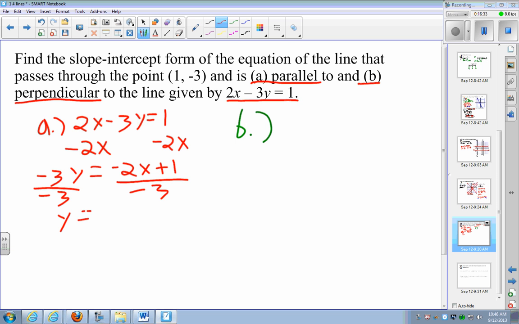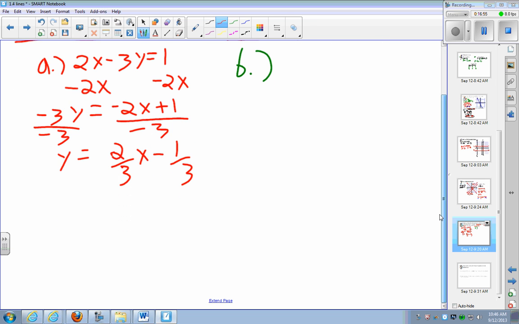We'll get y is equal to 2/3 x, which should actually be positive because it's two negatives divided by each other, minus 1/3. Okay, so we got it into slope-intercept form.